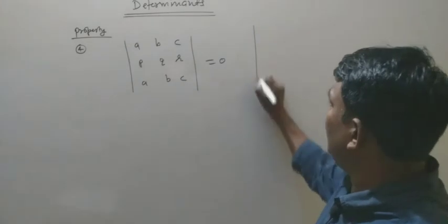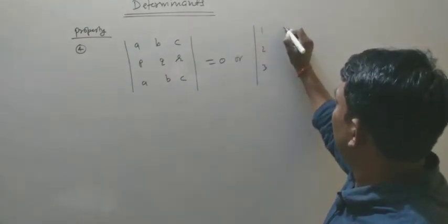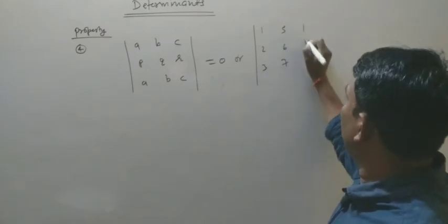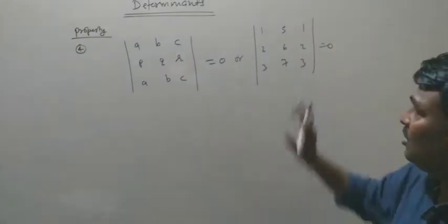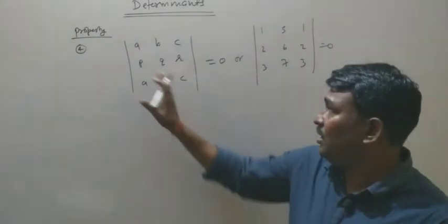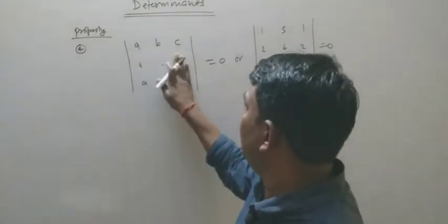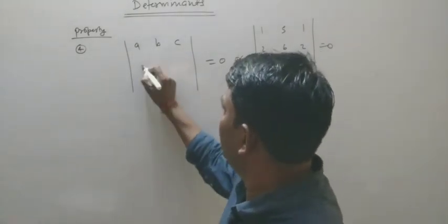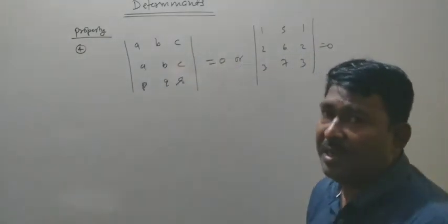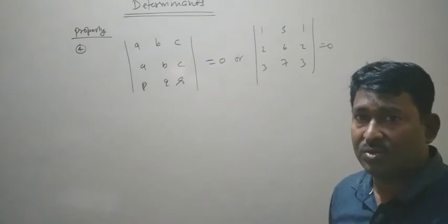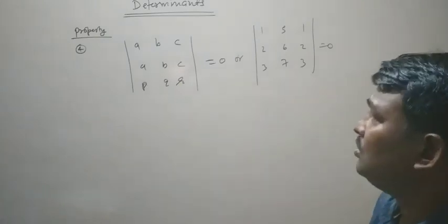Or with columns, like 1, 2, 3, here 5, 6, 7, here again 1, 2, 3, then also 0. See, here the first and third rows are identical. If any two rows are identical, then its value will become 0, or if any two columns are identical, then also its value will become 0.